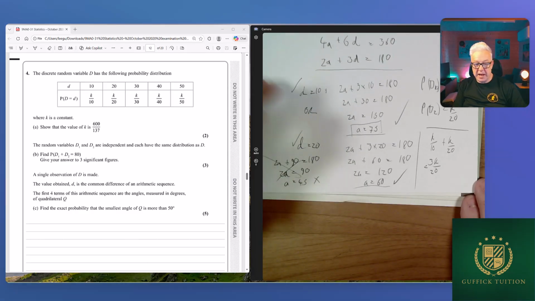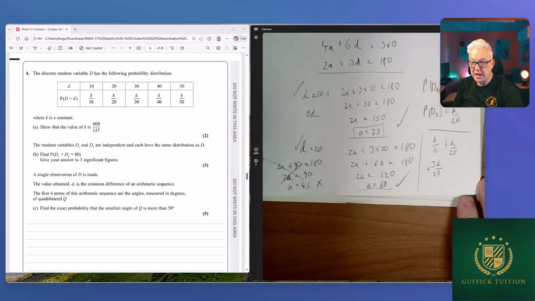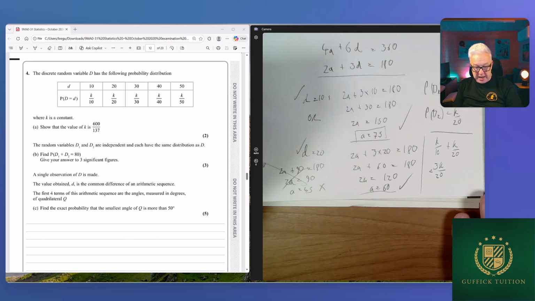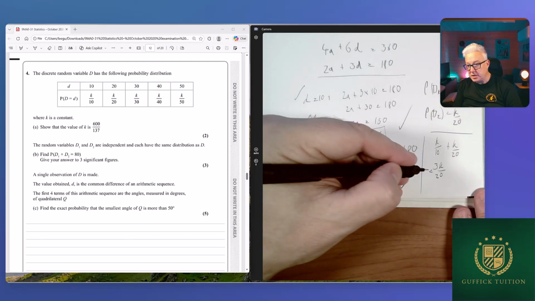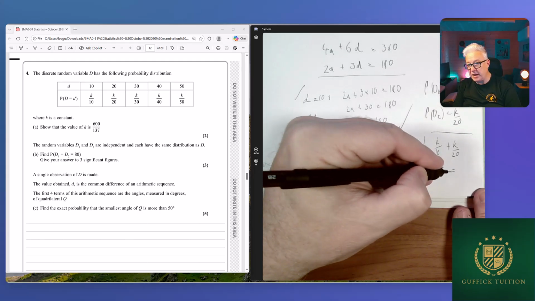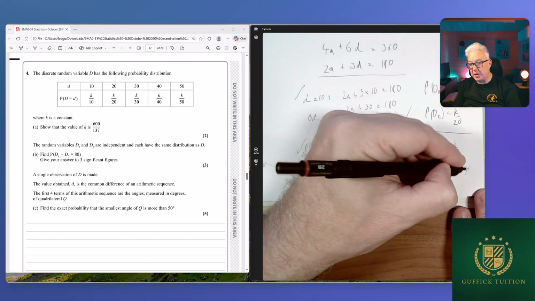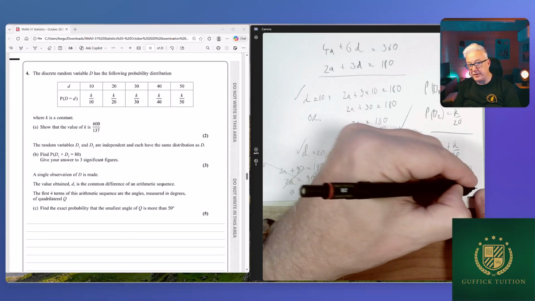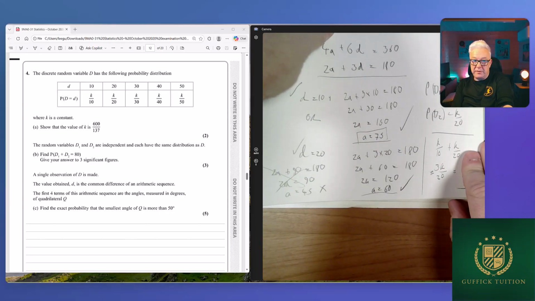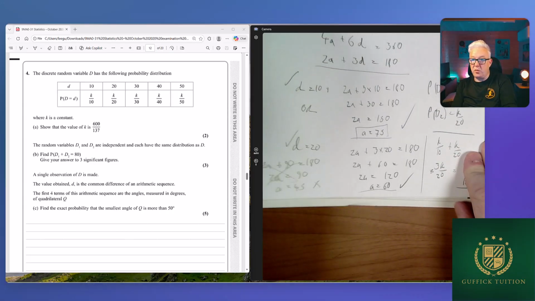Okay, so we've got 3k over 20 is our probability. And then remember, k is our 600 over 137. So when we sub that in, we find out that we get the answer is 90 over 137.